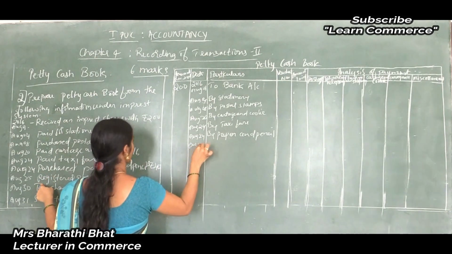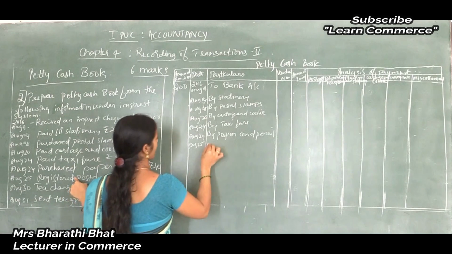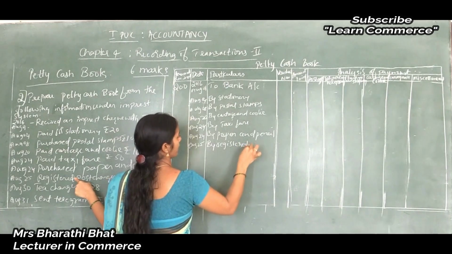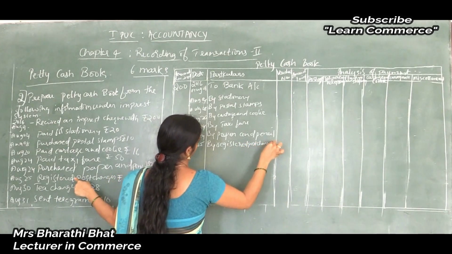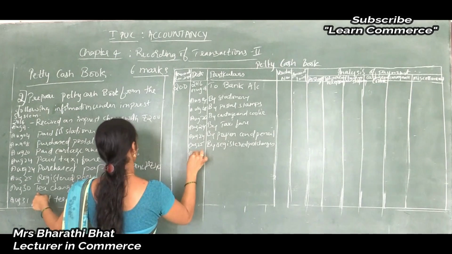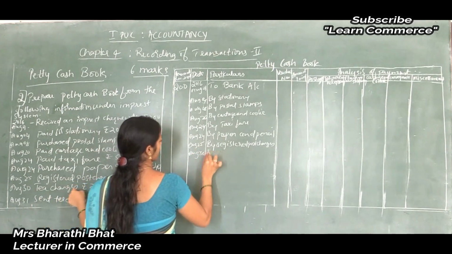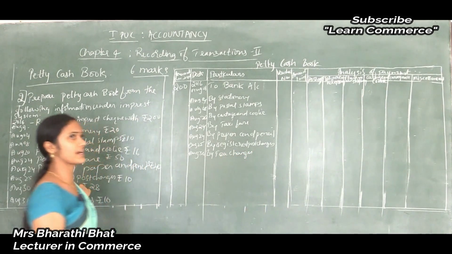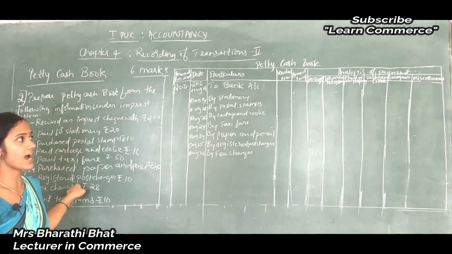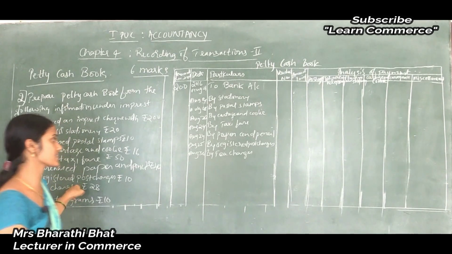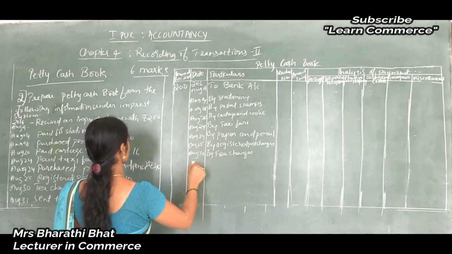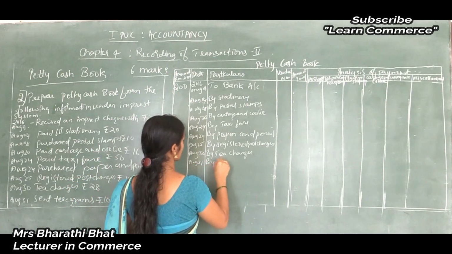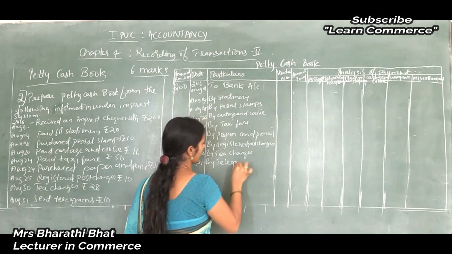Next, August 25, registered post charges, and August 30, by tea charges. See, these tea charges, refreshment to customers, wages paid, all these come under miscellaneous other expenses. So tea charges, and August 31st, by telephone and telegrams.